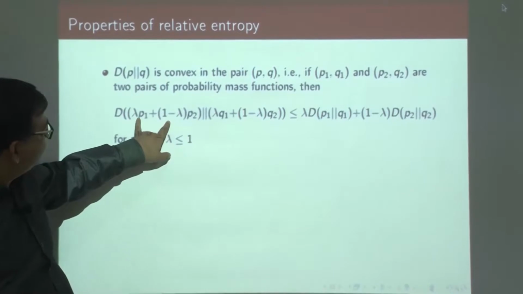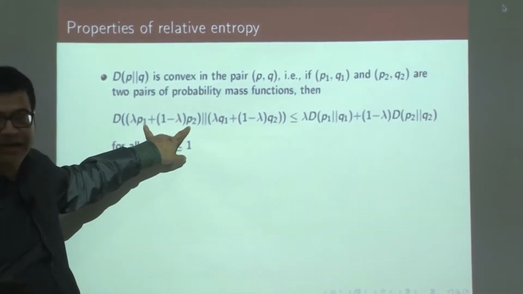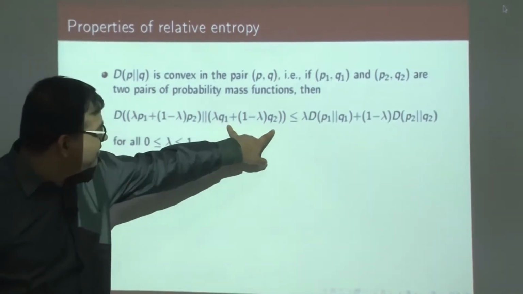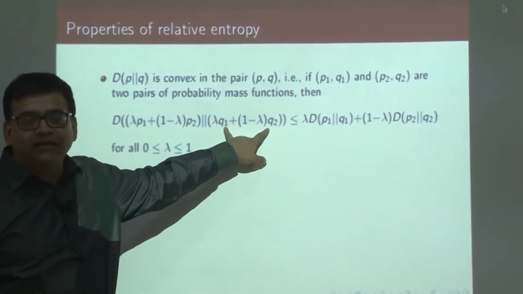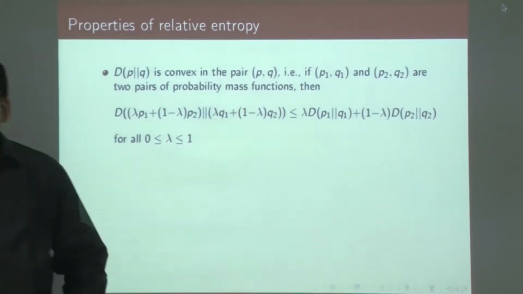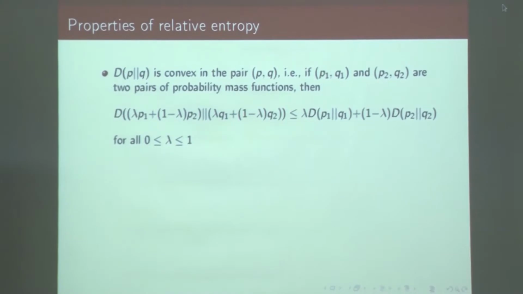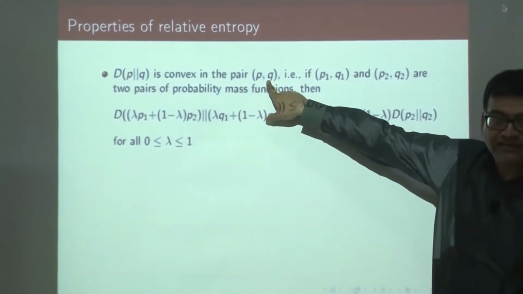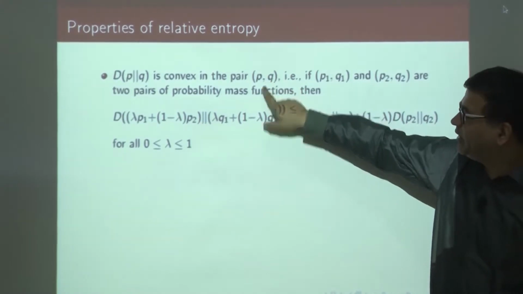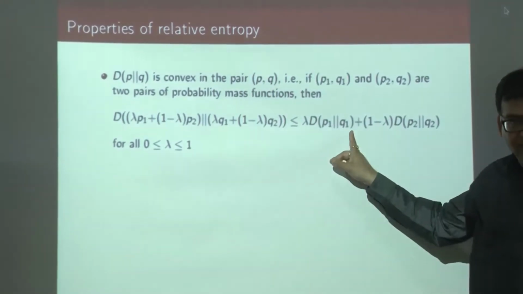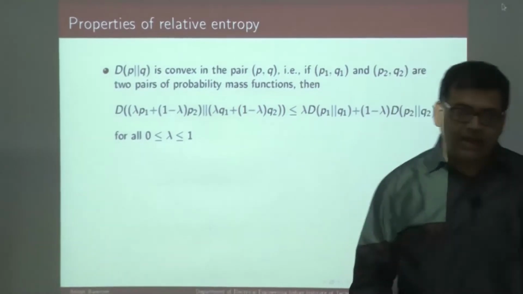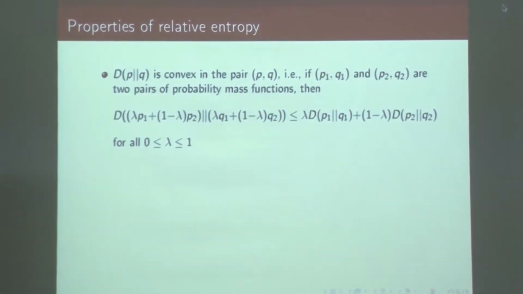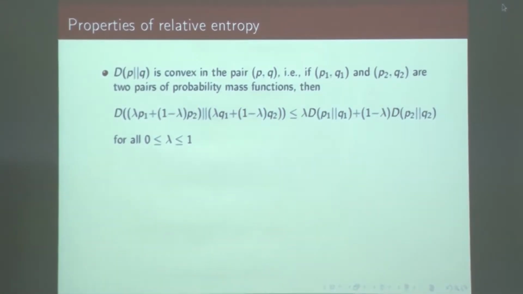So here it will be the divergence between lambda P1 plus 1 minus lambda P2, and lambda Q1 plus 1 minus lambda Q2. In other words, to show it is a convex function of P and Q, if I can show this holds for all lambda between 0 and 1, then I have proved that divergence is a convex function of P and Q.